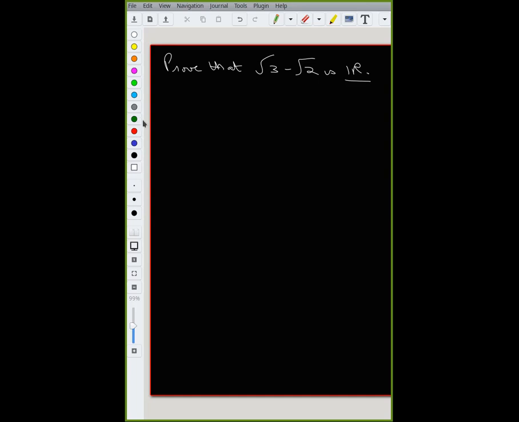Quickly solve this, please. It's a very simple question. If you have solved it, just write solved.